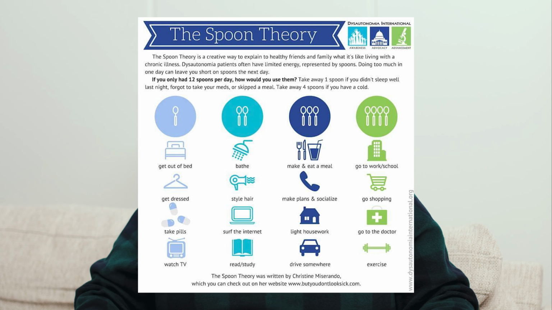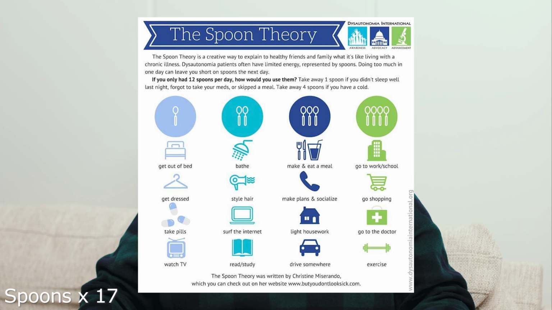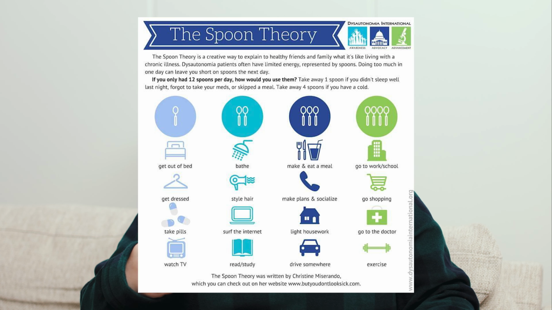In this diagram, it says that it takes 2 spoons to have a shower. For someone like me or someone who has POTS syndrome, something that causes a lot of issues when they're having a shower, it could be 4 spoons for them to have a shower. So they literally have to have 4 spoons in their arsenal of spoons if they want to be able to have a shower.